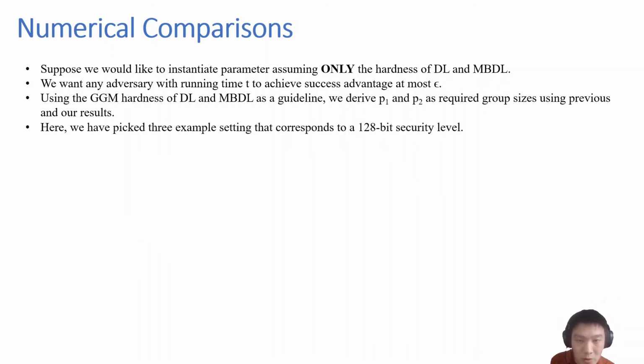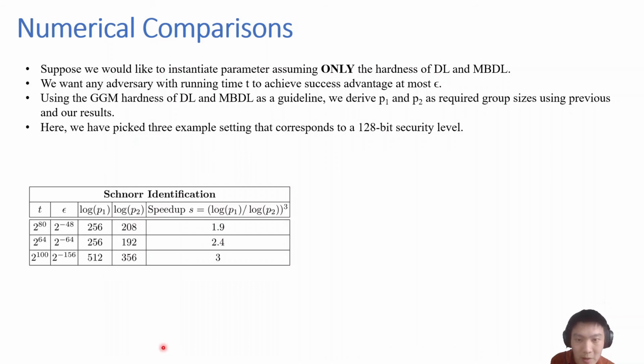And here we'll set T and epsilon to target a 128-bit security level, which means that we're setting T divided by epsilon to be 2 to the 128. And so here we can see that the group size required P2 is strictly smaller than the group size required P1.